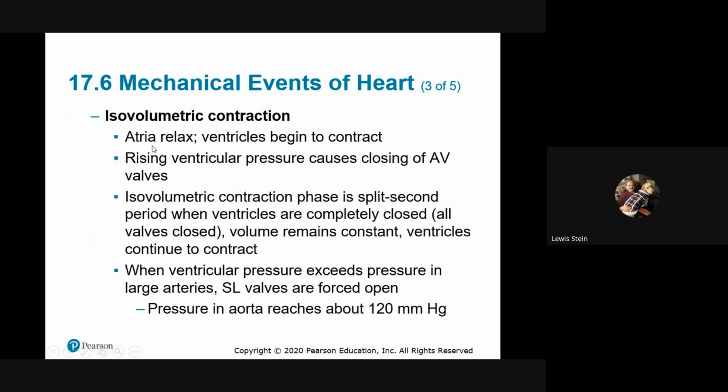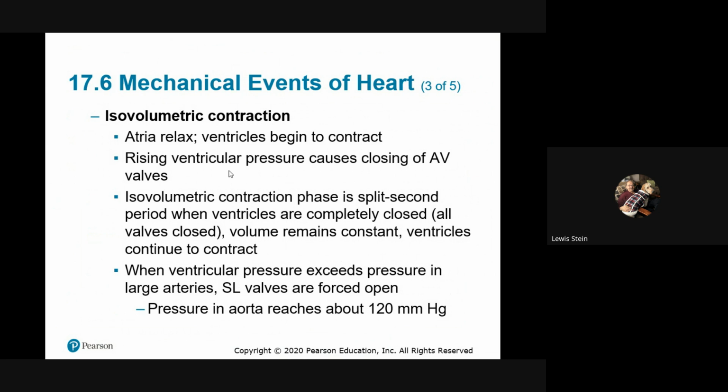So as they relax, the pressures rise, and understand it's a closed system. We're talking about it for those who had micro today with me, like an autoclave. Effectively, each ventricle is filled with 120 milliliters, and at that point, they start to pressurize. No more blood's going to come in.